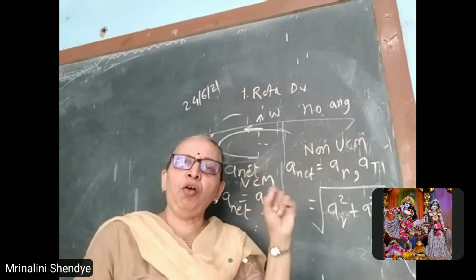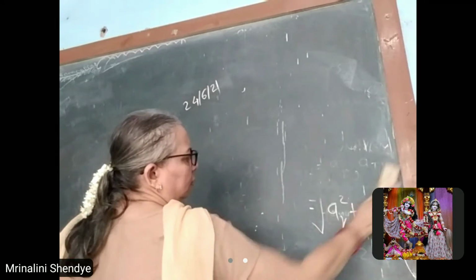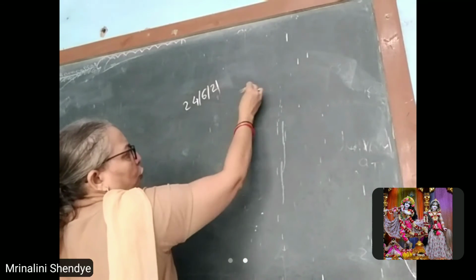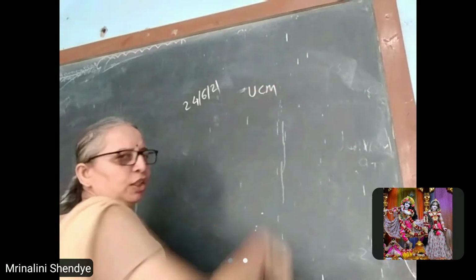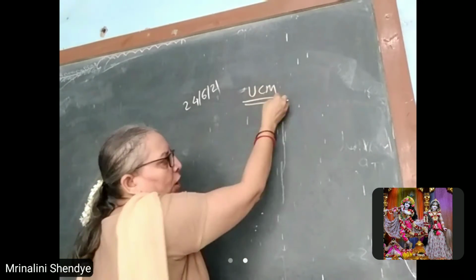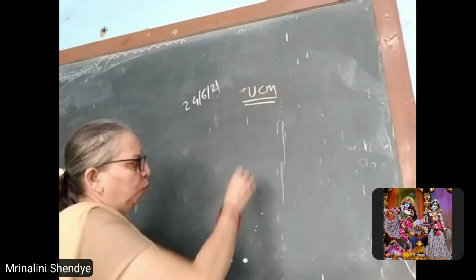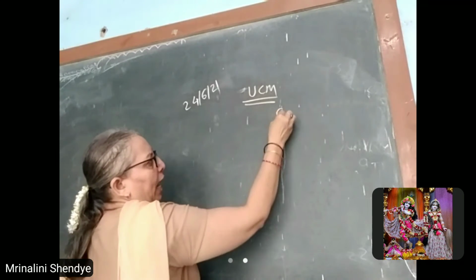Let us talk first about uniform circular motion. Of these two, first we'll discuss uniform circular motion. So the net acceleration produced or present during this motion is of radial type.